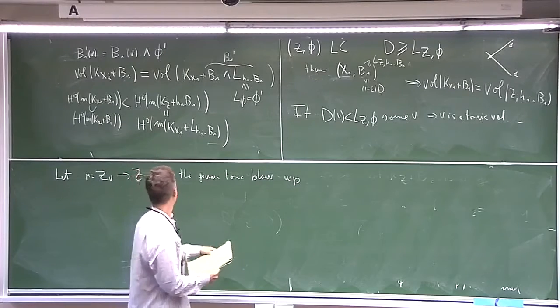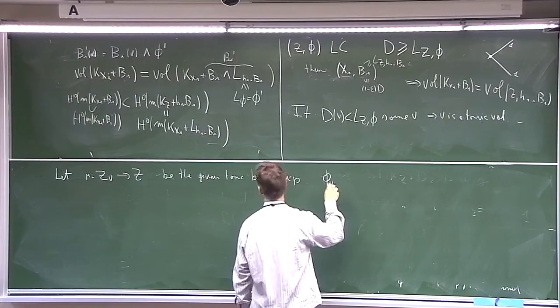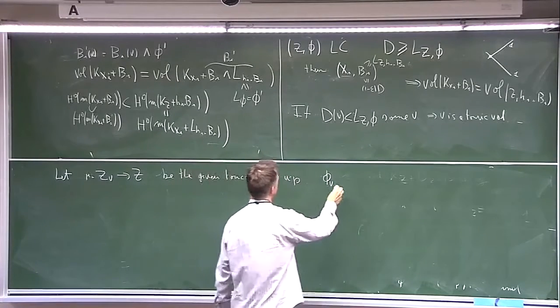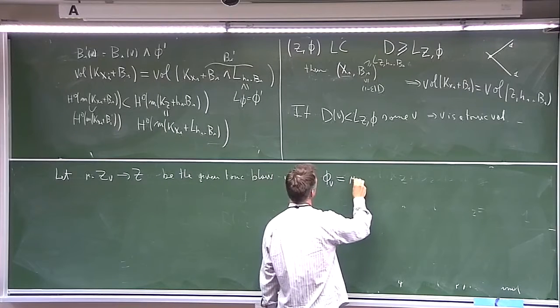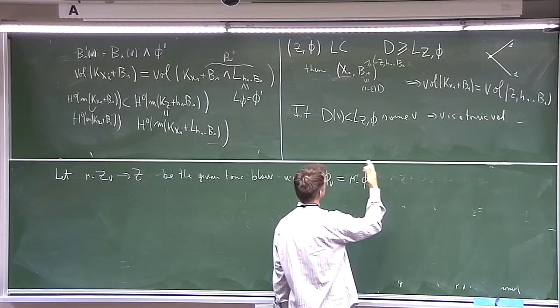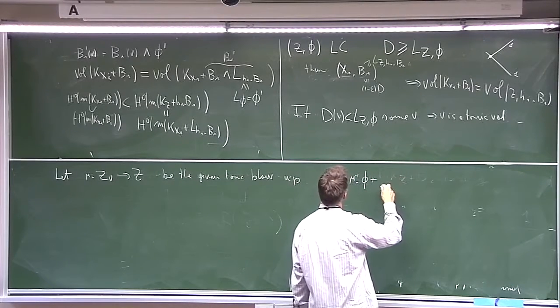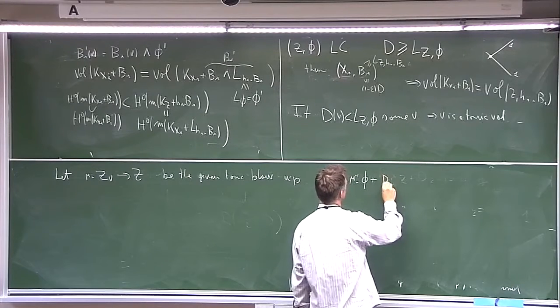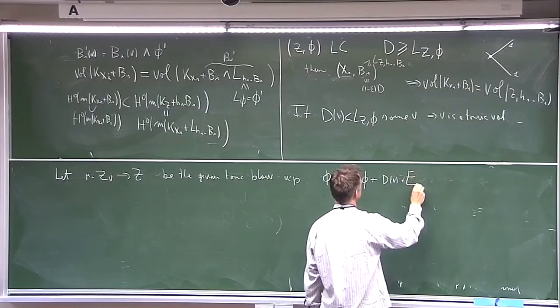We're going to replace, now we have to define phi_nu, the divisor on Z_nu. This will be given by mu minus 1 lower star of phi, the strict transform of phi, plus there's one exceptional divisor which will appear with coefficient D of nu. So this is the coefficient times this one exceptional divisor corresponding to this toric blow-up.